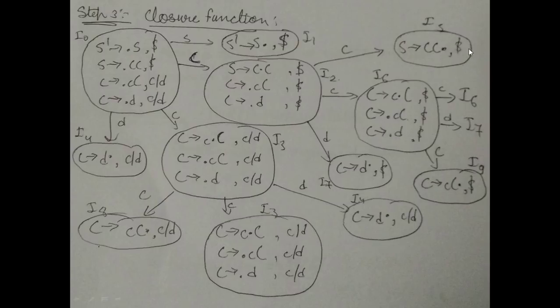For I5, the production over here has the dot at the end. It is the first production from our canonical grammar. Thus, it's the final state. We can't move after this, and we can't have a goto operation on this state. This is the final production.